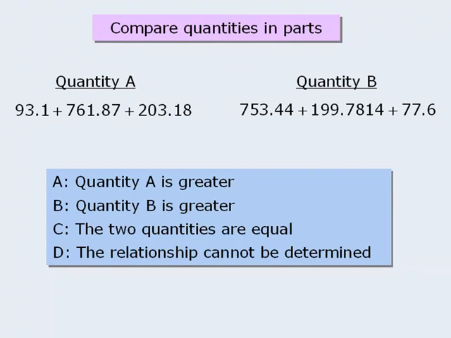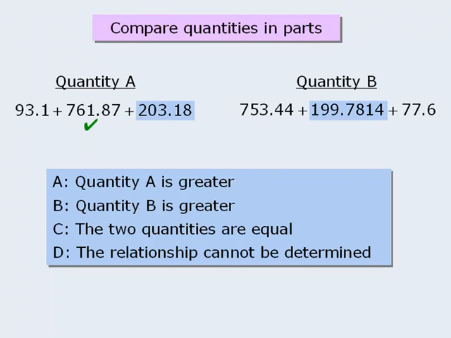As you can imagine, we do not want to add all of these values together. Now, we could try using approximation here and see if that works. However, we can solve this question even faster by comparing the two quantities in parts. Here's how it works. Let's first compare these two numbers since they're relatively close in value. As you can see, this number is bigger than the other.